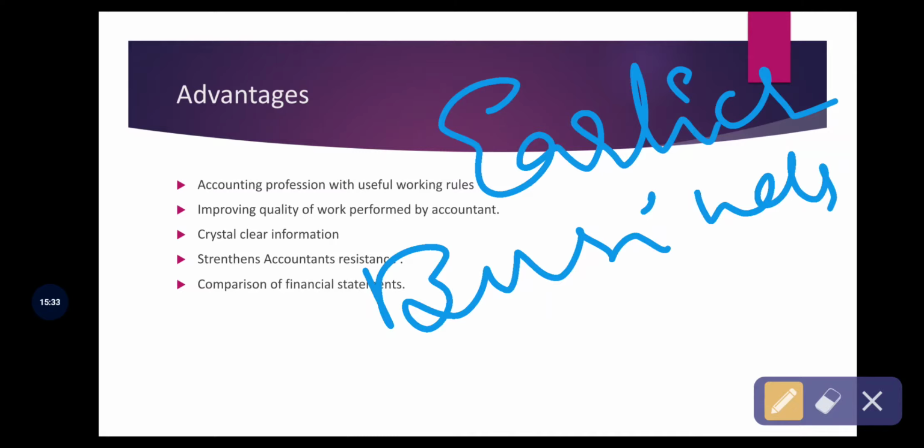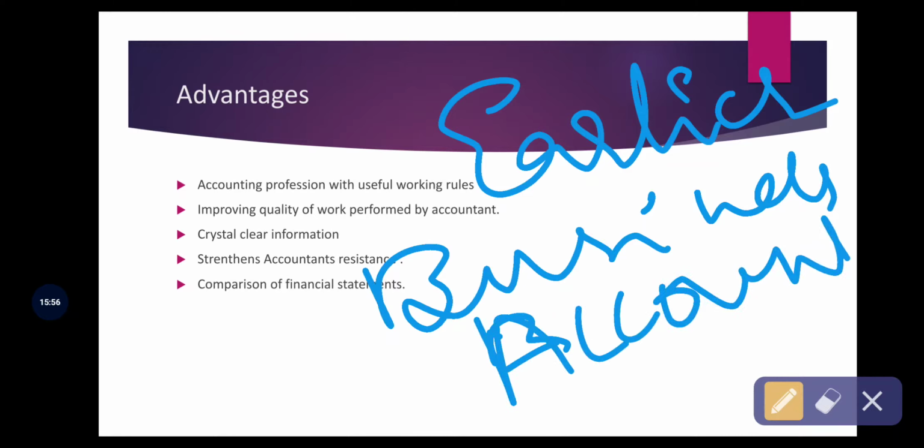They used to provide fake information also. But after the introduction of the accounting standards, they must follow the rules and regulations, and they must provide true and fair information. Here, the directors used to put more pressure on the accountants to provide fake information.